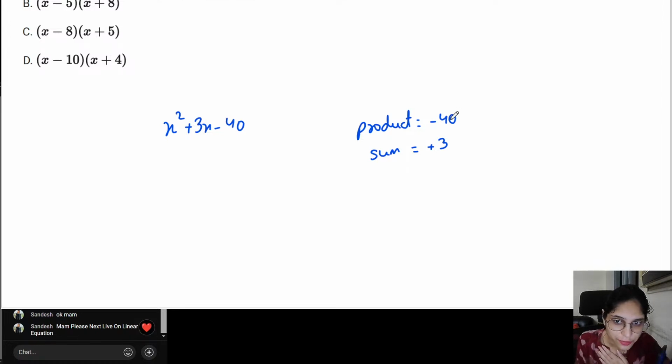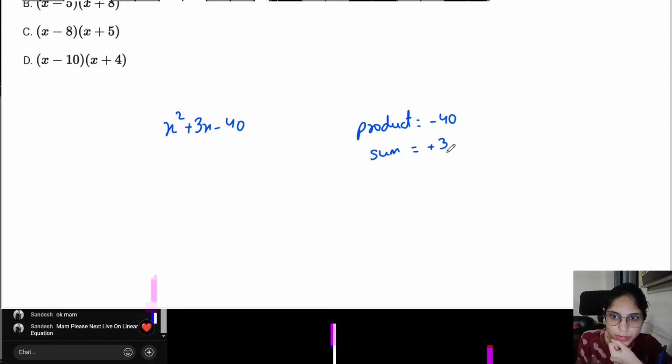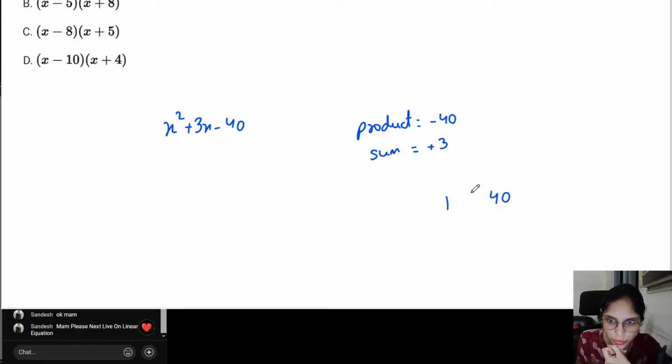How I do it, I try to find the factors of 40. So 1 and 40, no, because I have to get 3. I do it in my head, but I try to see whether 1 and 40 are going to work or not, because my product is 40. And now product is negative, sum is positive. That means one of the numbers has to be negative, and the smaller one has to be negative, because the sum is positive.